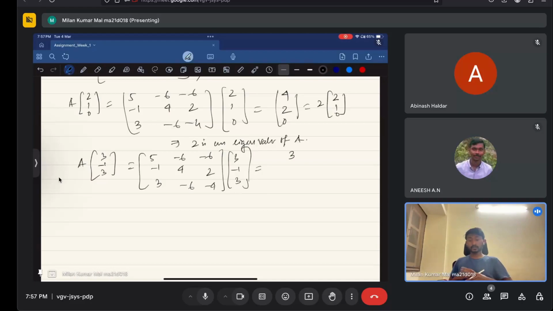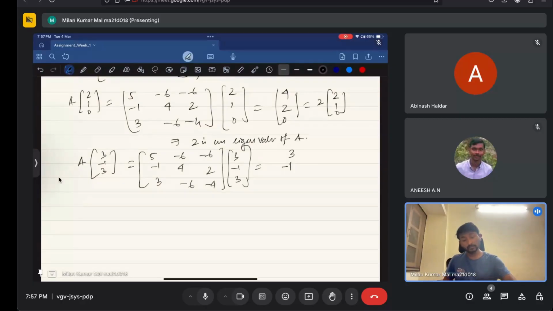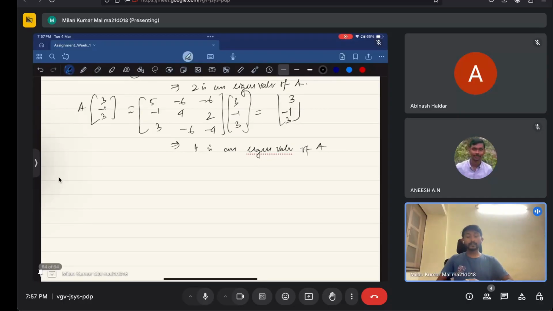Therefore 1 is an eigenvalue of A. So 1 is an eigenvalue and 2 is an eigenvalue, and it is clear what the eigenvectors are for each eigenvalue.